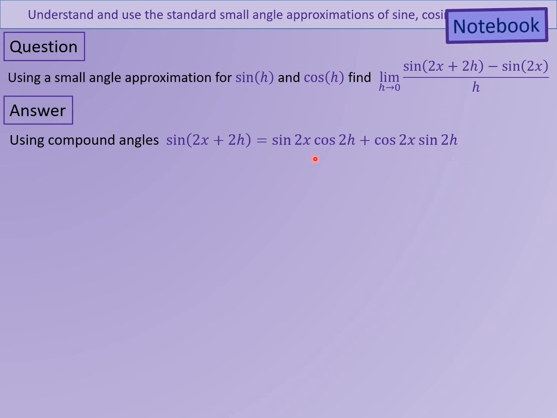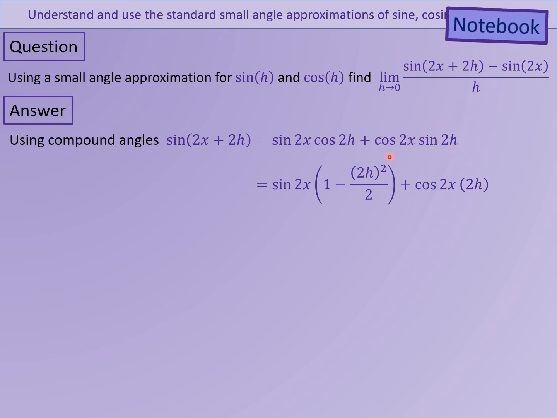I am now putting the parts in there and there. Why am I doing that? Because if you're using this, you're looking at h tending towards 0. H is very small. So because h is very small, that means that you can use a small angle approximation for the cos 2h and the sine 2h.